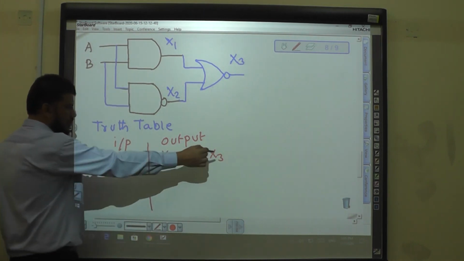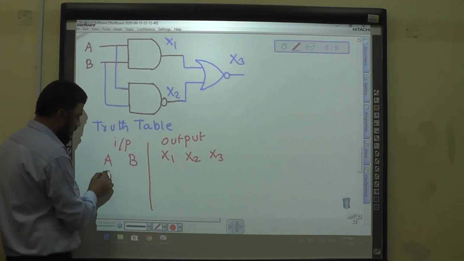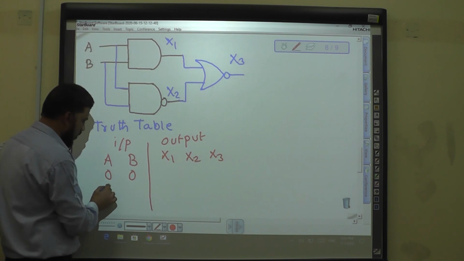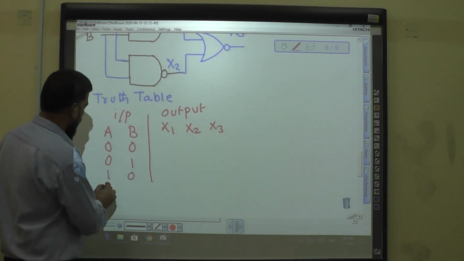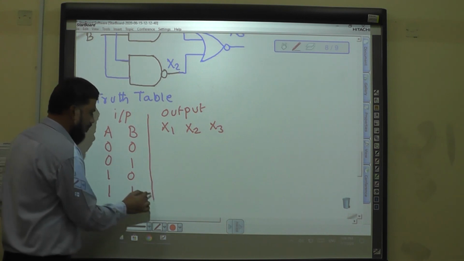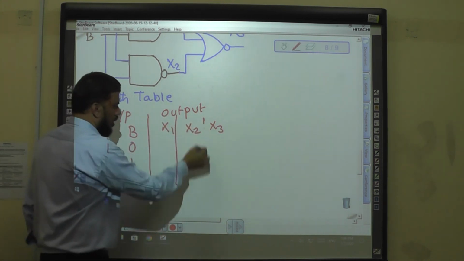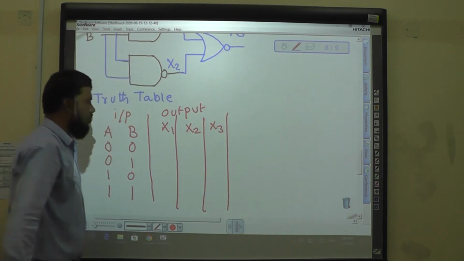So you have to fill this one. I am just writing the inputs 0 1, 1 0 and the last one 1 1. Complete this one and send it to me. Okay?